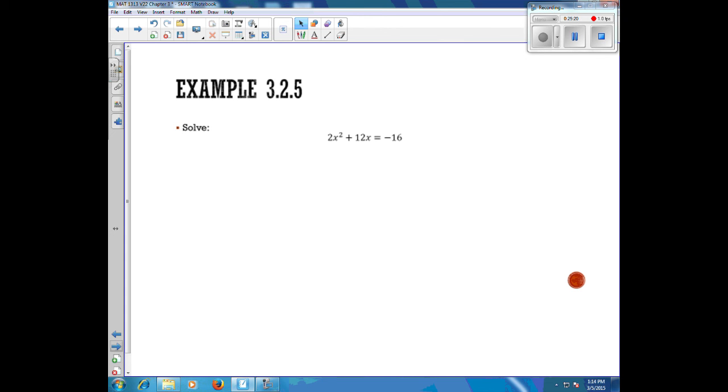We have 2x squared plus 12x equals negative 16. If you go back and look at our steps, the first thing we have to do is move everything to one side of the equation. And so we're just going to add 16 to both sides. That's going to add to 0.